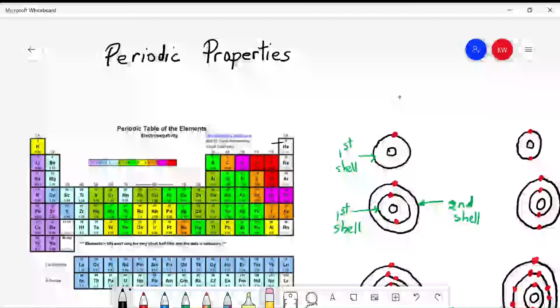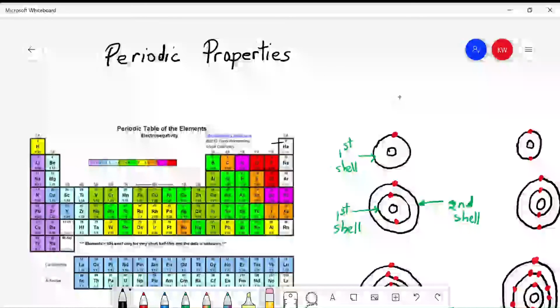Hydrogen is also in group 1, and it's classified as group 1 because they all have one electron in the valence shell. The valence shell is the last occupied shell.